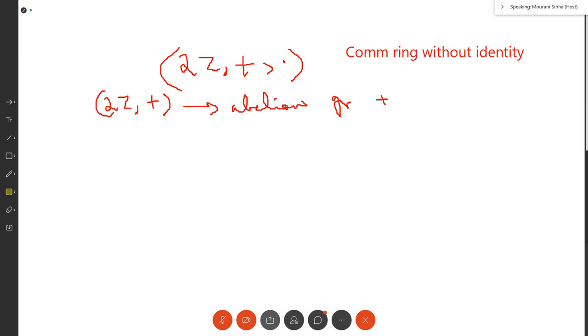Then 2z with multiplication is a semi-group under multiplication. This is what I have to show. And finally, the distributive laws I have to go about with.